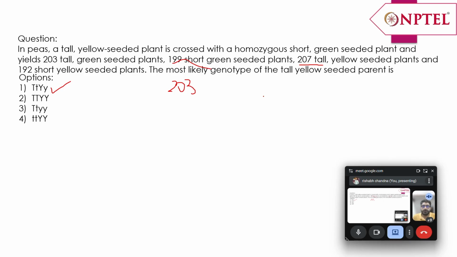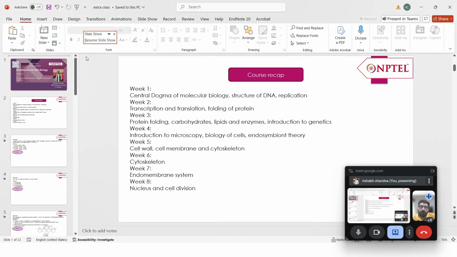Okay, so there can be two possibilities here.